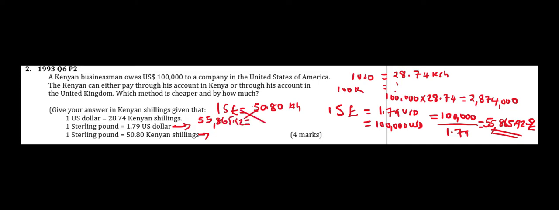If you cross multiply, we get 55,865.92 multiplied by 50.80. That amount should be in Kenyan shilling. The amount we get is 2,837,988.